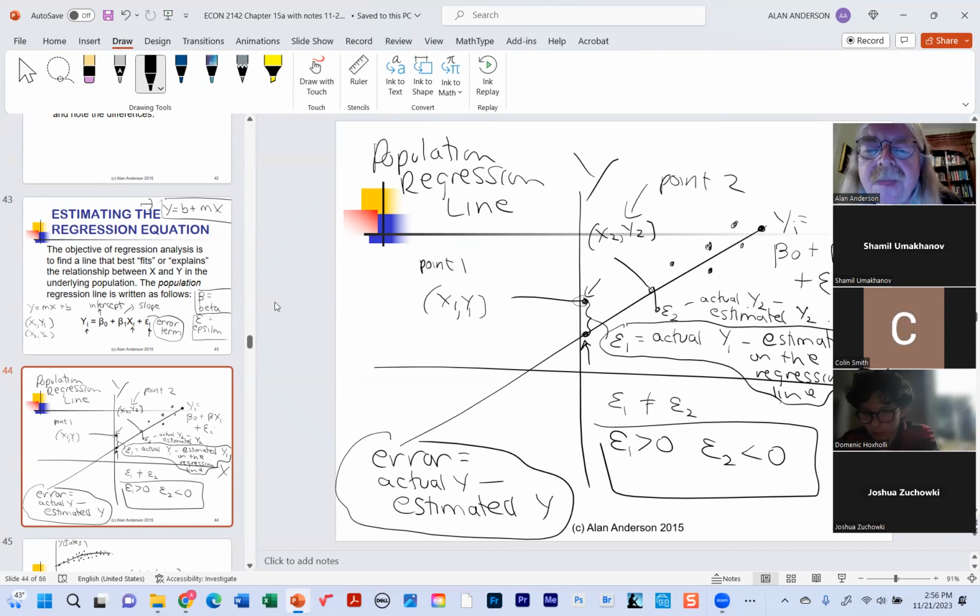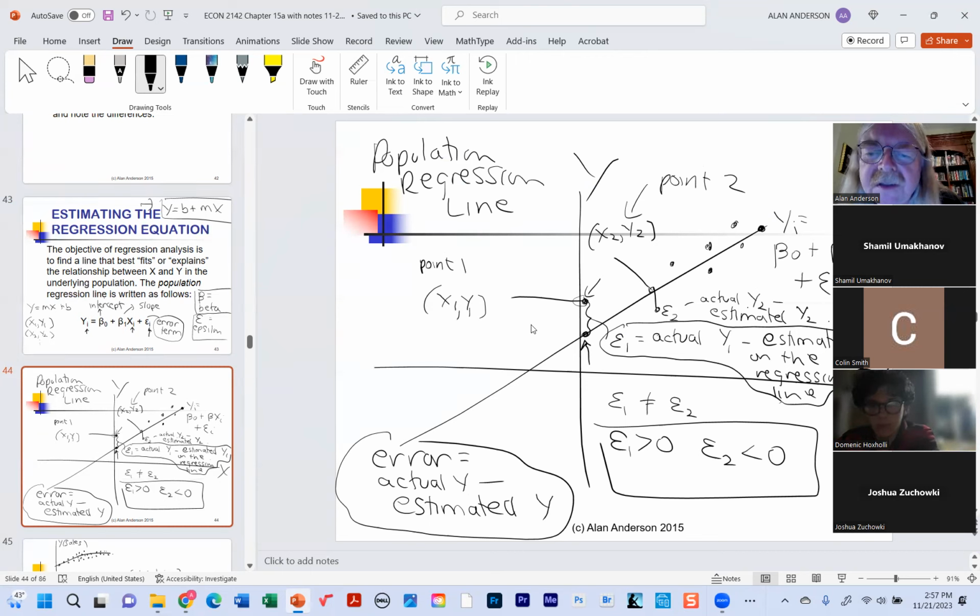And if you notice, it's above the regression line. Now that means the regression line goofed. It underestimated the value of Y for X1. In other words, it said, give me X1 and I'll tell you the appropriate value for Y1. But the number it gave me is too low.